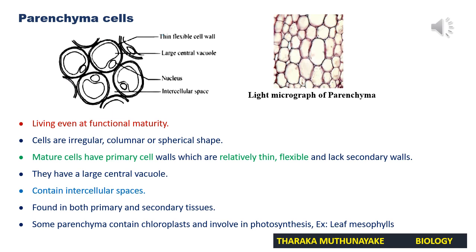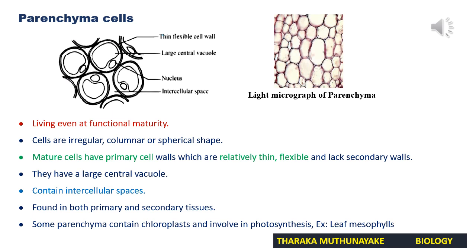And also they contain intercellular spaces. Even palisade cells have fewer intercellular spaces. Those two features, that means having a large central vacuole and containing intercellular spaces, can be easily used to distinguish or to differentiate parenchyma from meristematic cells, because sometimes it may be confusing when you observe micrographs. Okay, use these two features.